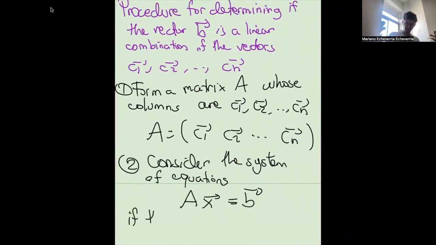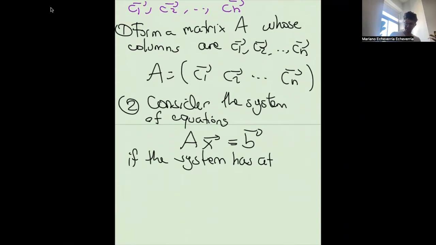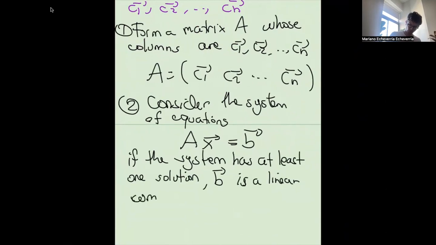If the system has at least one solution, because remember a system has either 0, 1, or infinite solutions, so at least we require one solution, then B is a linear combination of the vectors.